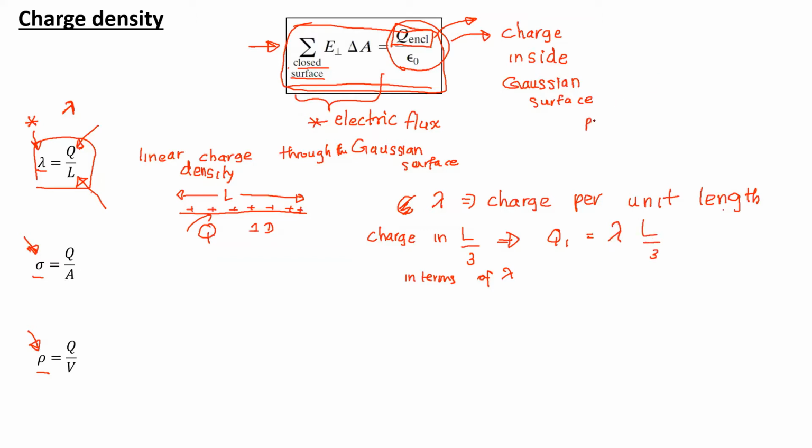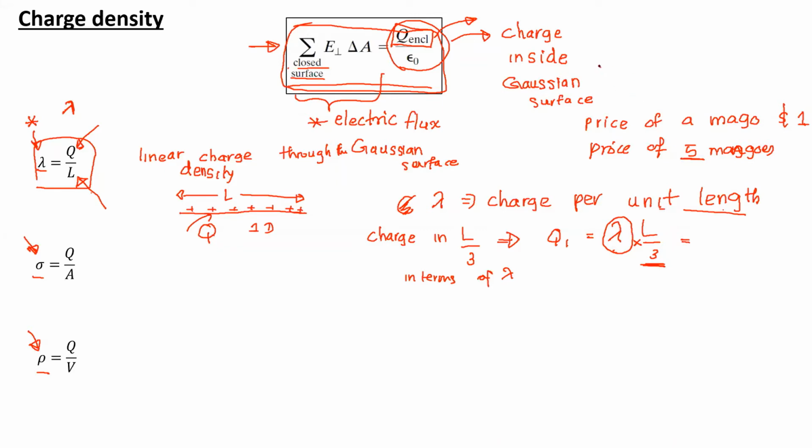It's like this. Let's say the price of a mango is $1. Price of 5 mangoes. What would you do? You will multiply the price of 1 by the number, right? The same thing here. This is charge per unit length, so you multiply charge per unit length by your length. This will give you the charge of this small length.